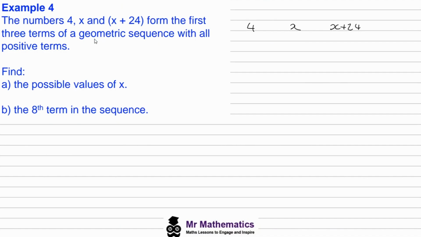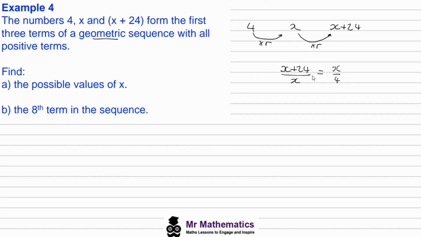We've been told that it's geometric, so we'll have the common ratio. 4 times r will make x, and x multiplied by r will make x plus 24. So because this r is the same value in both parts of a sequence, we know that x plus 24, when divided by x, so this r here, will be exactly the same as x divided by the 4.